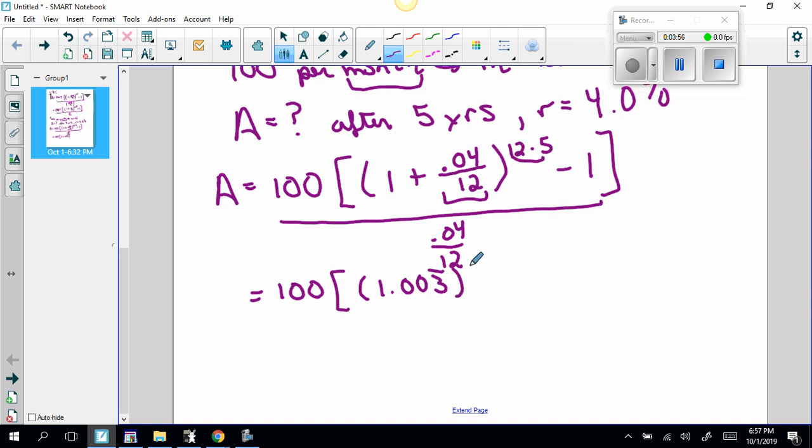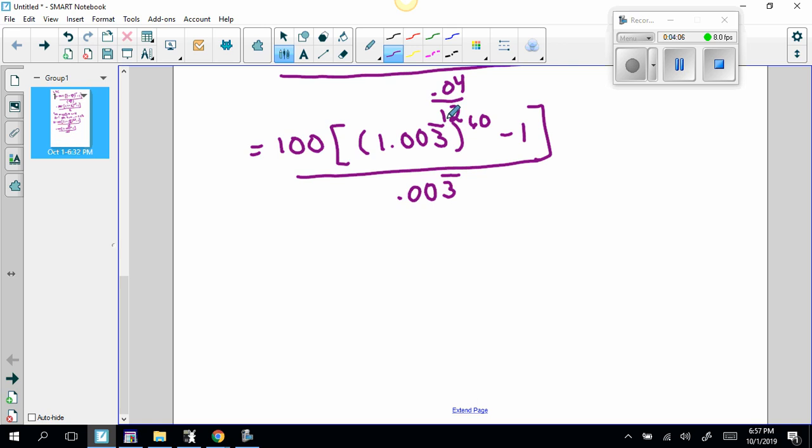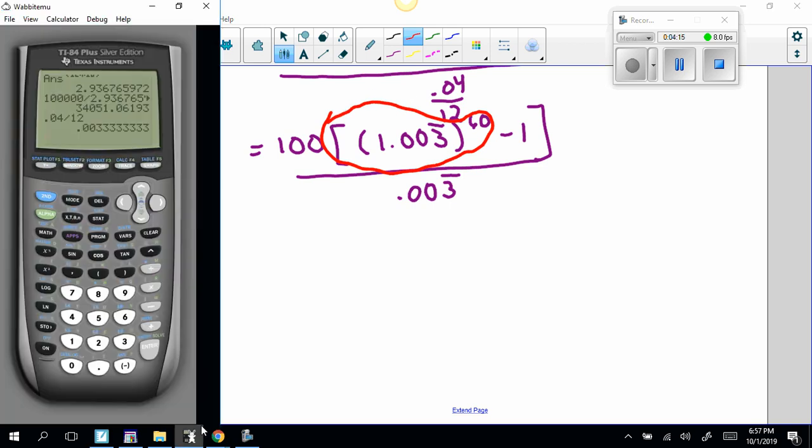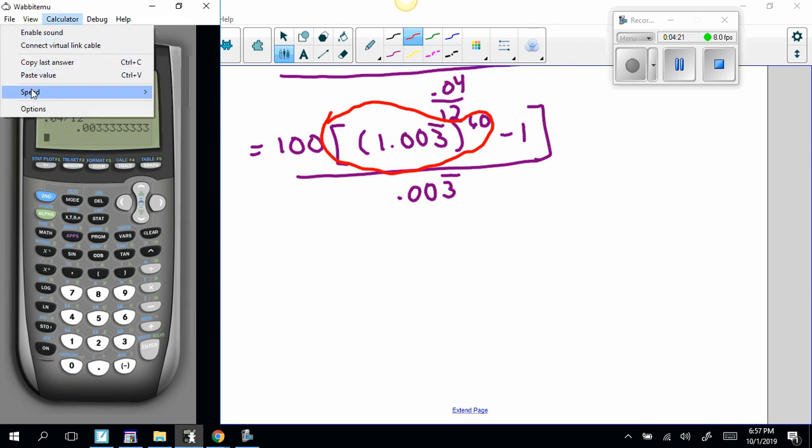I know this is 60, minus 1, over 0.003 repeating. Now I got to do this next, and sorry to run into that last calculation, but I got to raise that to the 60th. Let me see if I can finally change this calculator view.